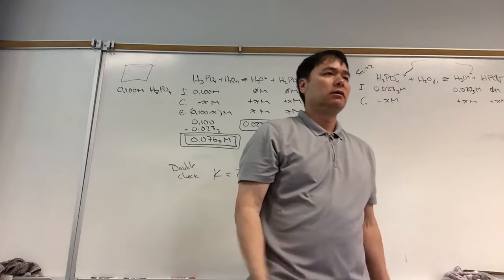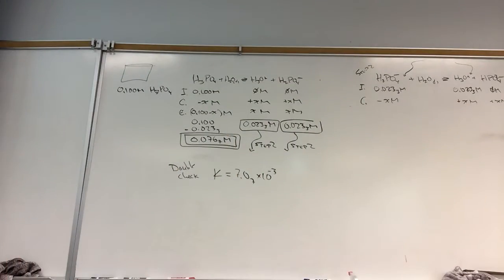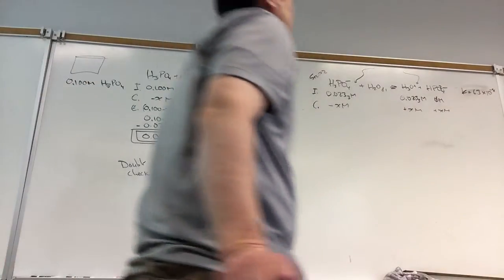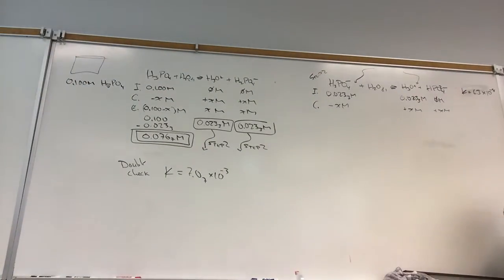Well, why would not much monohydrogen phosphate form? Like, how do you know the one is attacking the other? Well, the other way to think about this is when you look at the K expression, which is going to be the hydronium ion concentration times monohydrogen phosphate divided by the dihydrogen phosphate concentration.